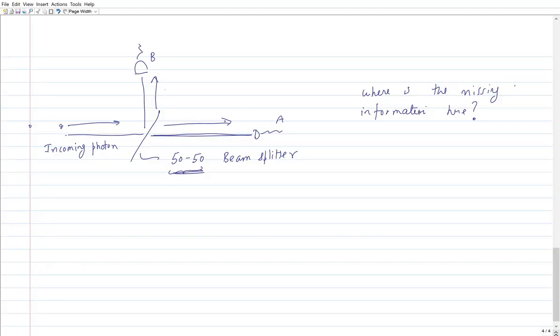Well, the beauty is that there is no missing information. So I can say that quantum mechanically, in this setup, there is no missing information.